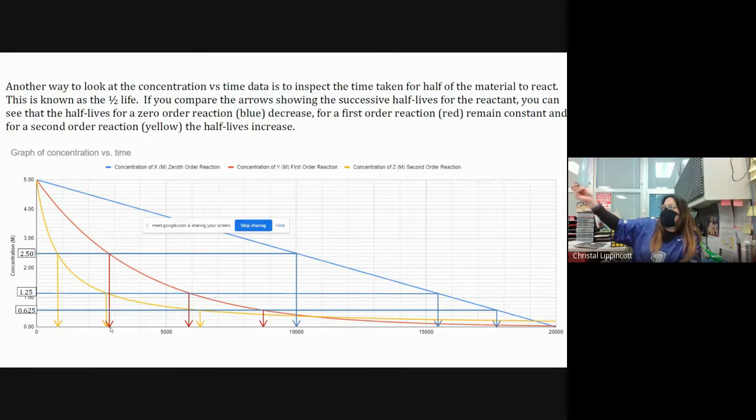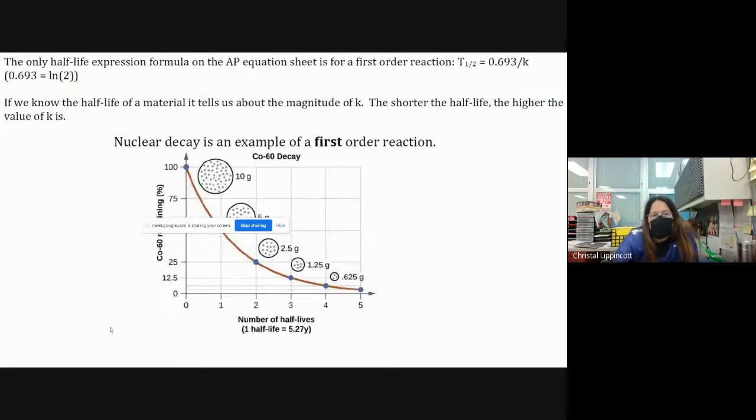So you can get your rate constant if it's a first order reaction from the graph. Does that make sense? If you remember back to that whole nuclear decay thing that we did back in the day, if we went down by half here, we lost half.